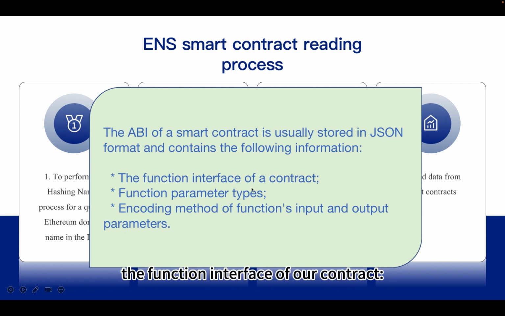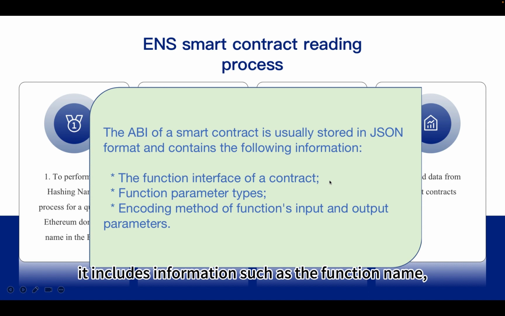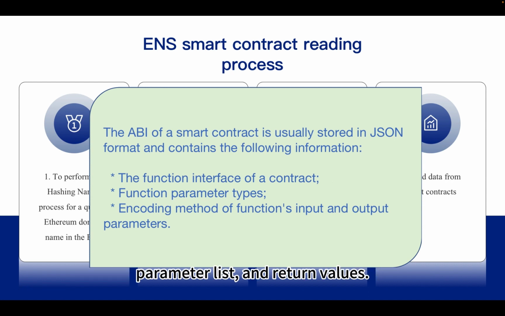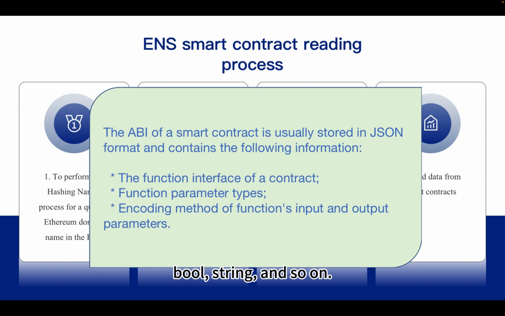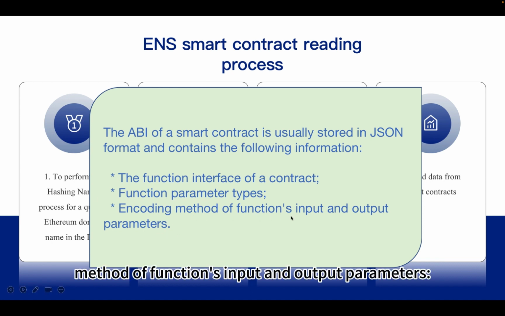The function interface of a contract. It includes information such as the function name, parameter list, and return values. Function parameter types, which include types like uint256, bool, string, and so on. Encoding method of function input and output parameters.